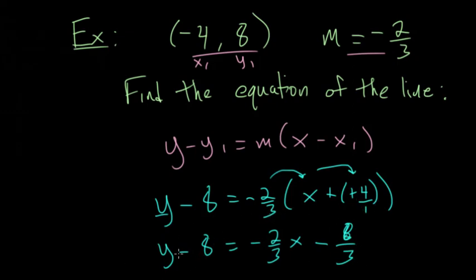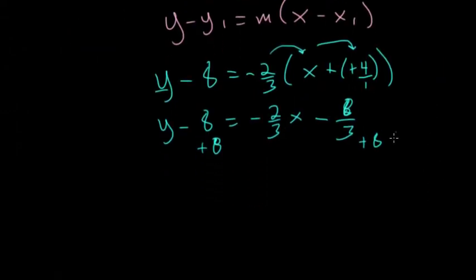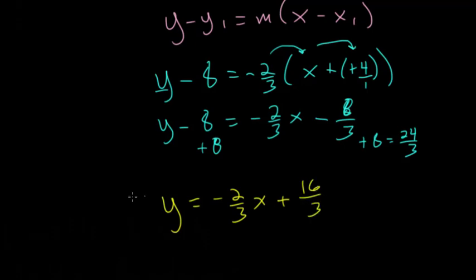And now we want to move the 8 over here, so we're going to add 8 on each side, and really we need to turn that into a fraction with denominator of 3. So 8 is just 24/3, and we get y is equal to minus 2/3 x, and then we have minus 8/3 plus 24/3. So 24 minus 8 would be positive 16, so you get plus 16 over 3.